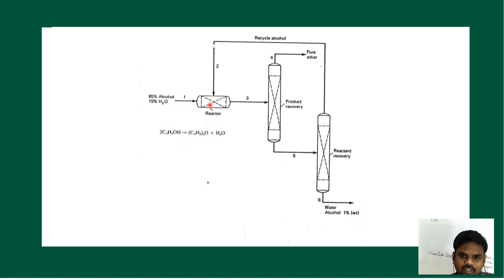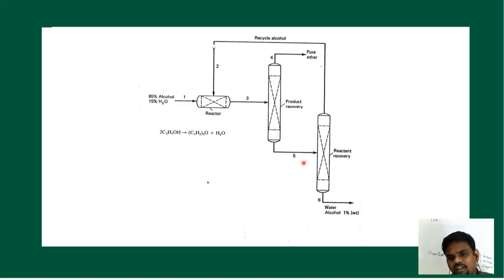Some recycled product is also entering this reactor. The product stream coming out of the reactor is sent to a column where the product is recovered, and as a top product we get the pure ether which is formed. The bottom product will have mostly water.